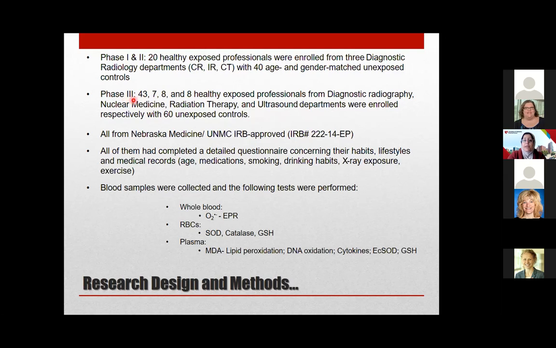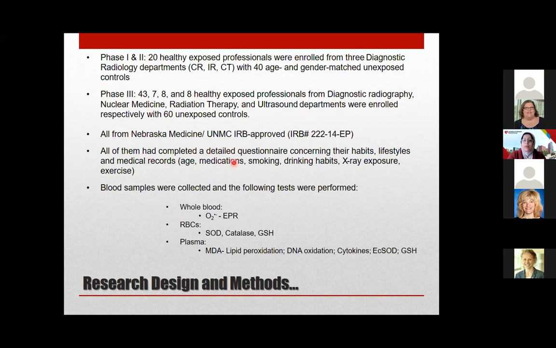In phase 3, we increased our diagnostic radiography accrual from 20 to 43. We recruited 7 from nuclear medicine, and we have 8 volunteers from radiation therapy as well as from ultrasound. We also increased our control subjects from 40 to 60. All our subjects are from Nebraska Med as well as UNMC, and our study is IRB approved.